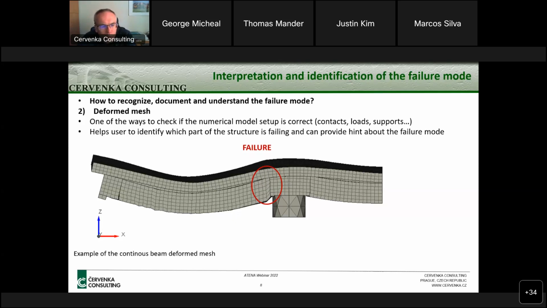Because it may help you to discover some mistakes in your model. You might see some parts which are suddenly overlapping each other, so you will notice that they are not properly connected together. Or you may see that some parts are not supported properly. So the important first thing you should always do is look at the deformed shape, rotate the structure, look from various sides, and really check whether the deformation makes sense.